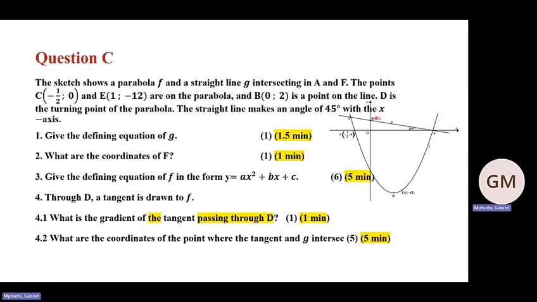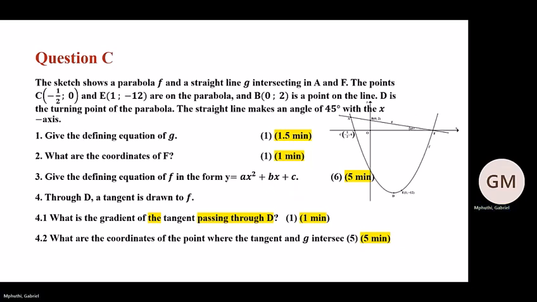You will need to be very strategic in determining that, and you are being asked what are the coordinates of F. You are also being strategic. If you know the equation of G, you should be able to determine the coordinates of F. And now give the defining equation of F in the form of y is equal to ax squared plus bx plus c.